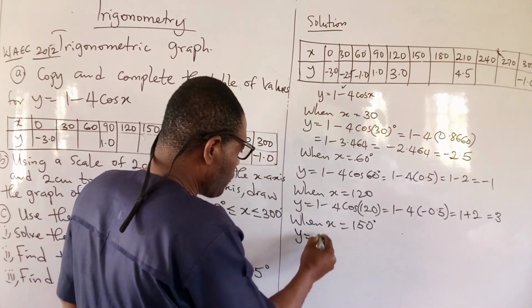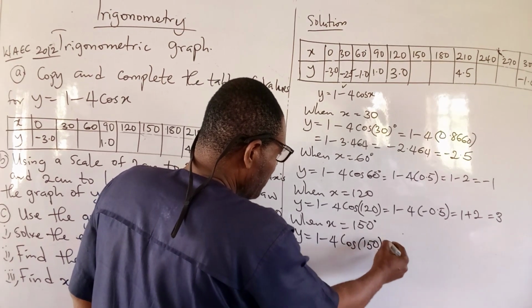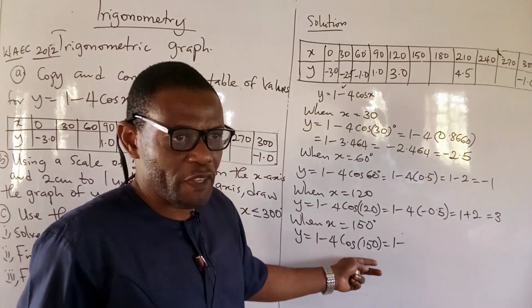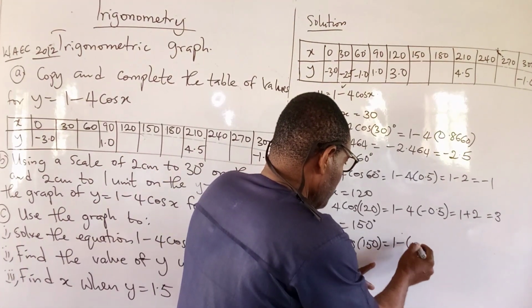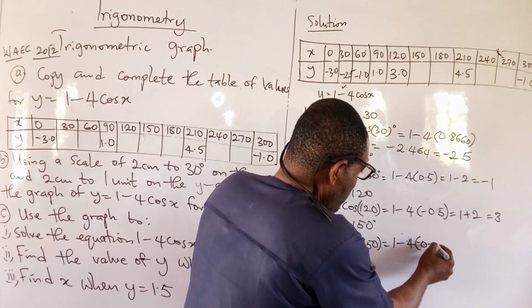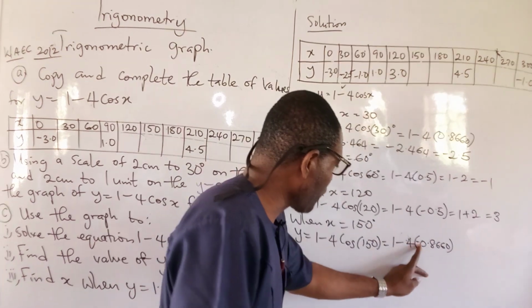Next is when x is equal to 150 degrees. So y is equal to 1 minus 4 cos 150 degrees. Cos 150 is minus 0.8660, so that will give us a positive value.